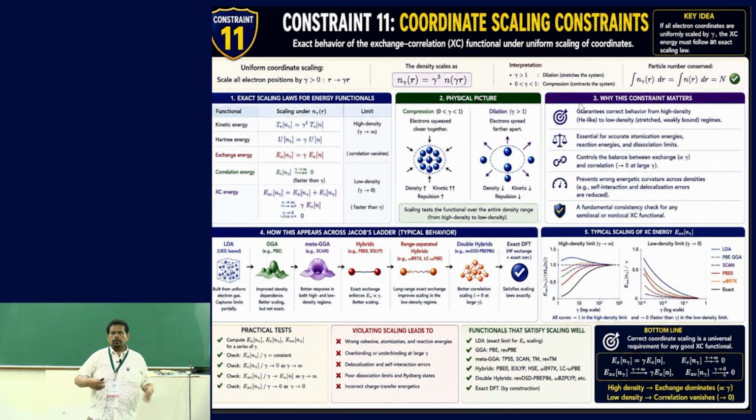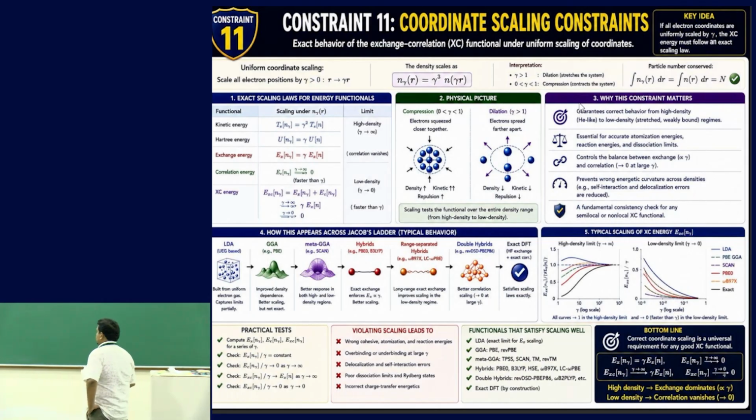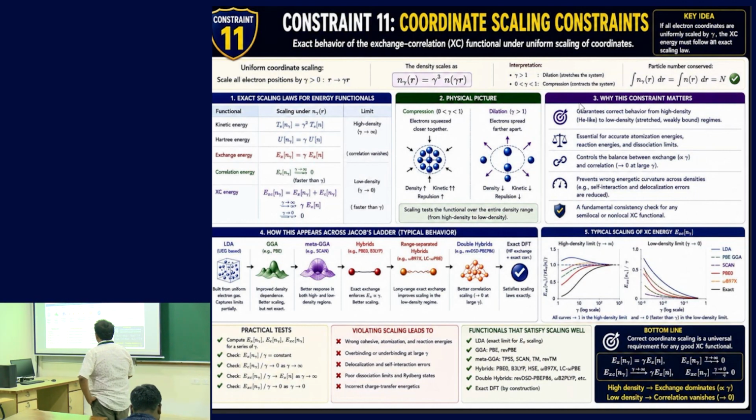If I am here, you multiply me, then I'll go somewhere else. So it is like spreading out. How does this coordinate scaling affect LDA, GGA, and how does it behave across Jacob's ladder? And because of the scaling, how do the exchange energy and exchange-correlation energy behave?